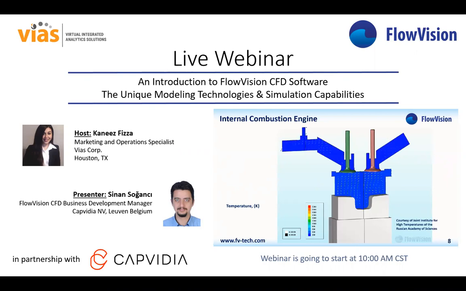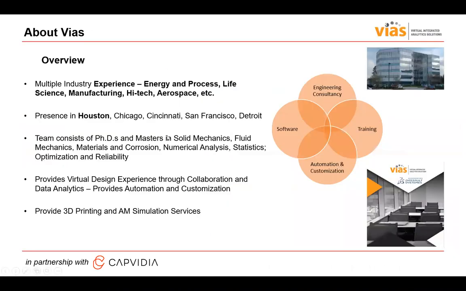Okay, I want to get started with the introduction to Abaqus. Sinan, can we go to the intro to Abaqus slide? Okay, here's an overview about our company. We have experience in multiple industries, including energy and process, life sciences, manufacturing, high-tech, aerospace. We are headquartered in Houston, but we also have a presence in Chicago, Cincinnati, San Francisco, and Detroit.